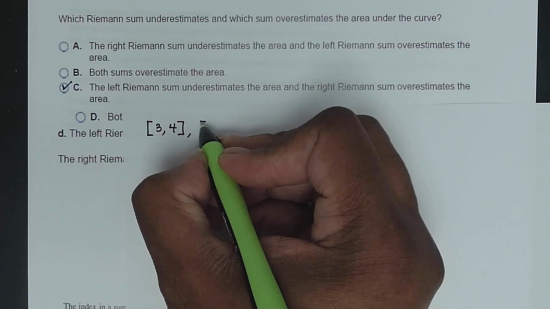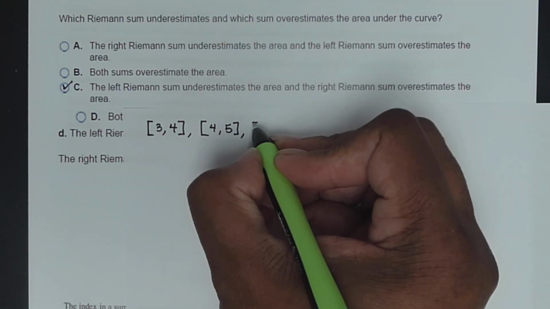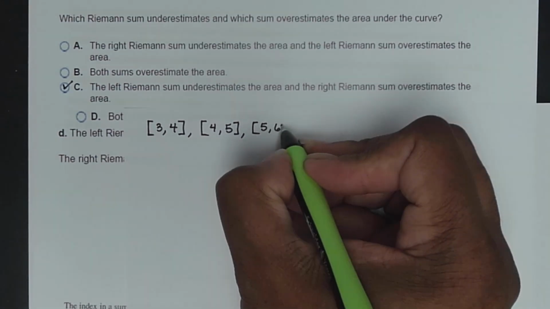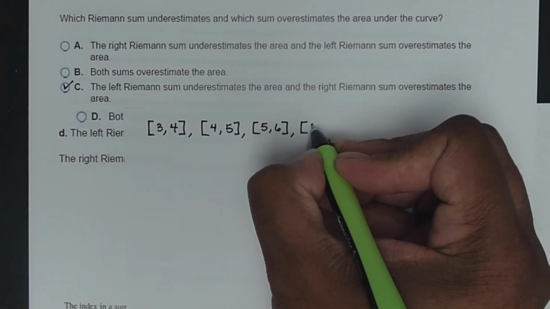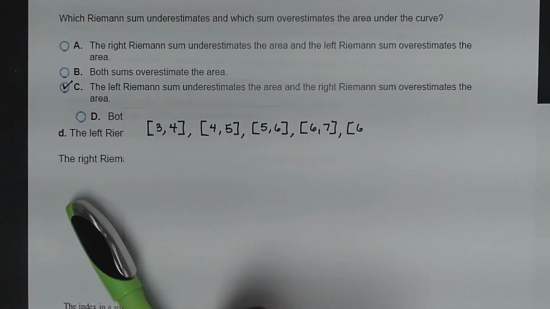That's one subinterval. The next one would be from 4 to 5. The next one would be from 5 to 6. The fourth one would be from 6 to 7. And the last one would be from 7 to 8.